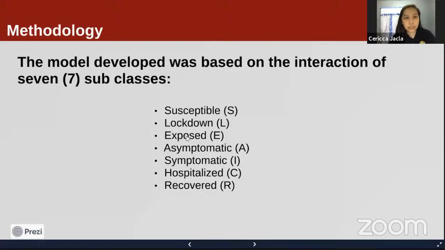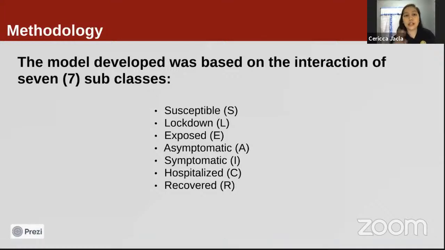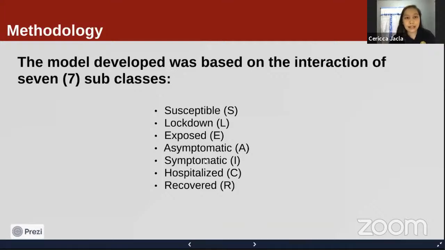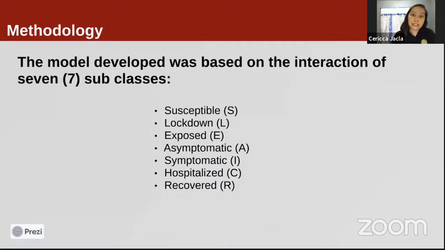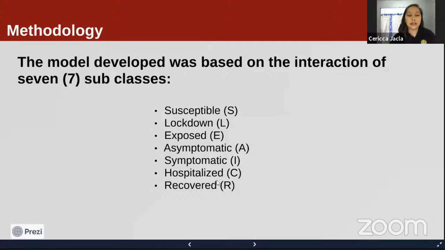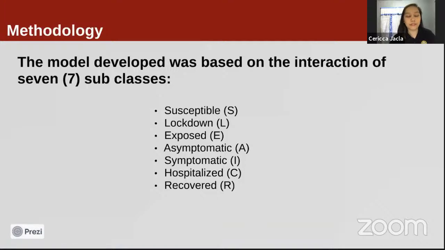Then exposed. Since in COVID-19 there are 2 types of infected, the asymptomatic and symptomatic. Then some symptomatic can be sent to the hospital, and we will also consider the population of those who recovered from COVID-19.